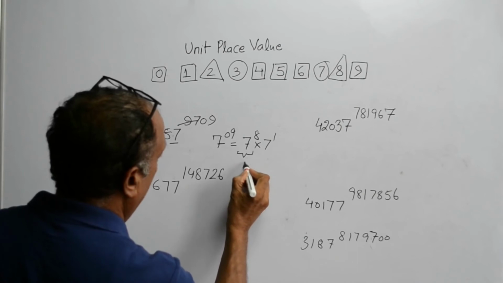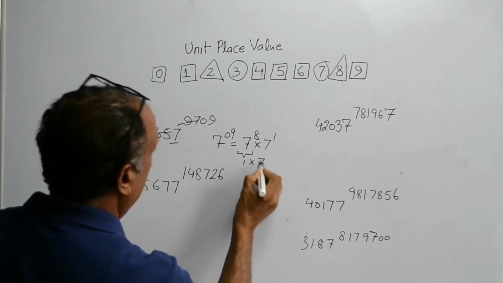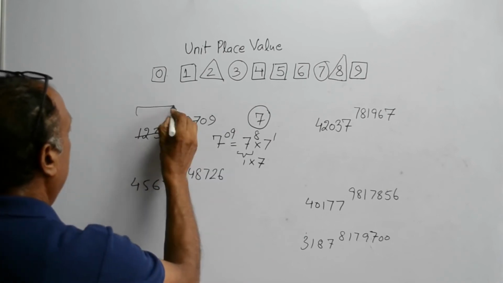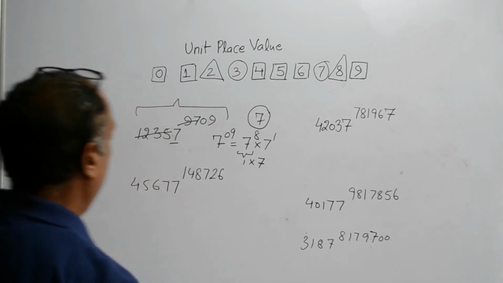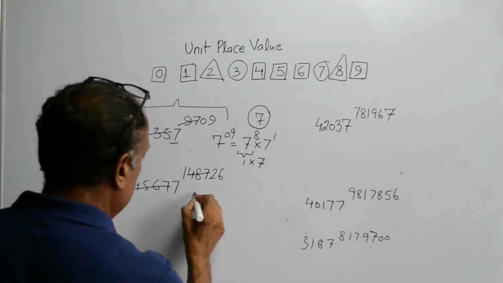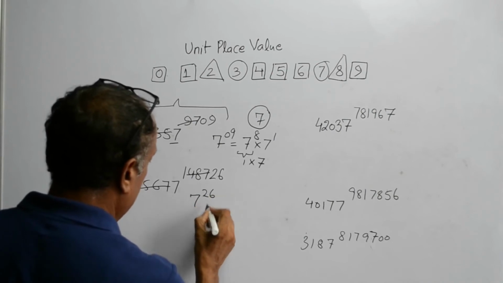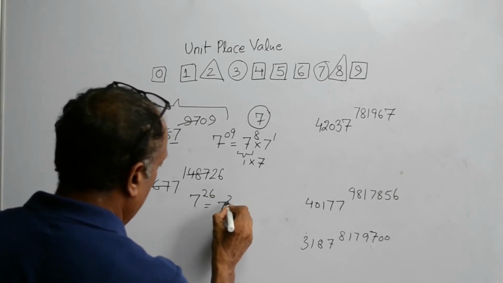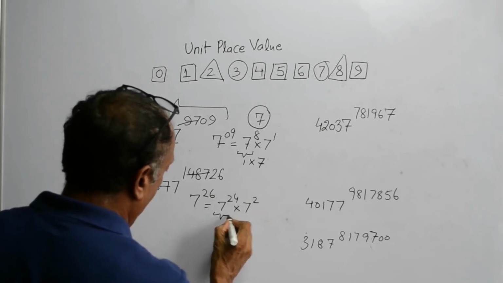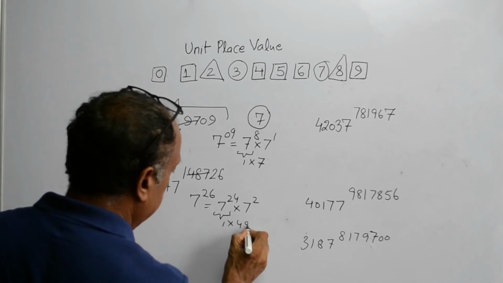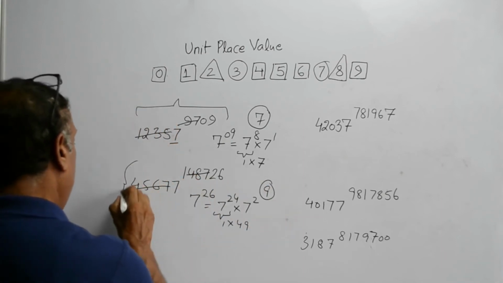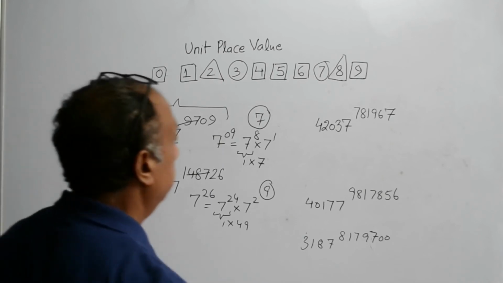This is going to give us 1 multiplied by 7. So 7 is the last digit of this expression. Now here we need to find out the value of 7 raised to power 26. 7 raised to power 24 multiplied by 7 raised to power 2. 1 multiplied by 49. So 9 is the last digit of this expression.